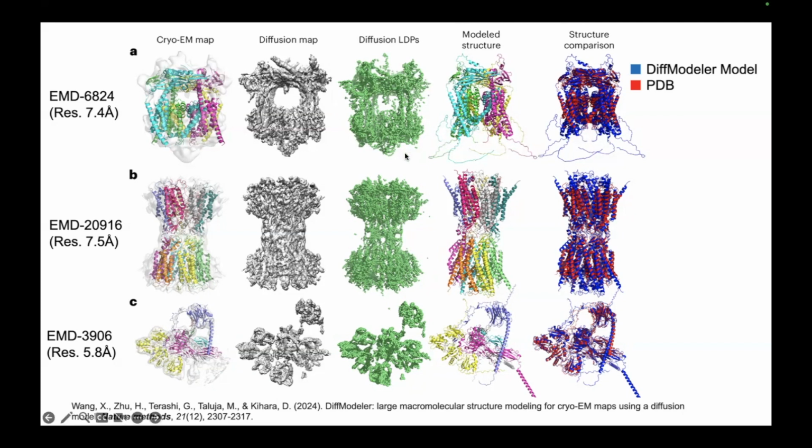Then in the process, the model also enhances the locally high probability positions using the LDP, local dense point. It further enhances the backbone positions. Then by using this information, the modeler fits the AlphaFold input protein structure into the diffusion map, and it generates these complex macromolecular structures.